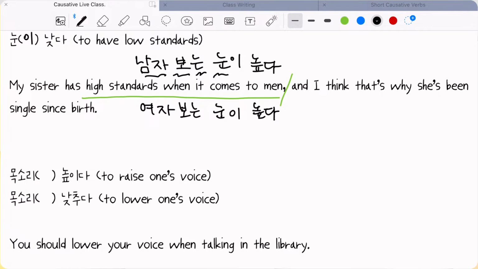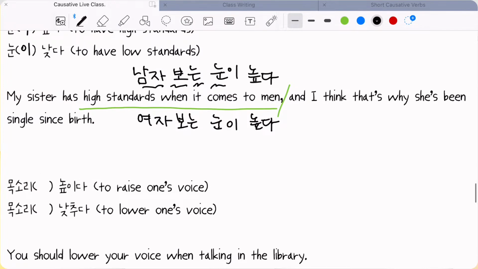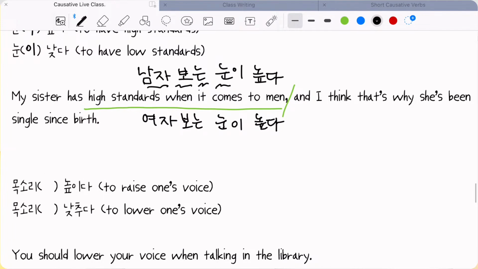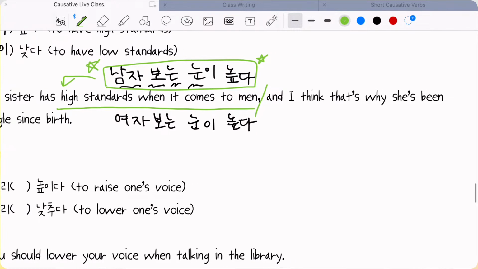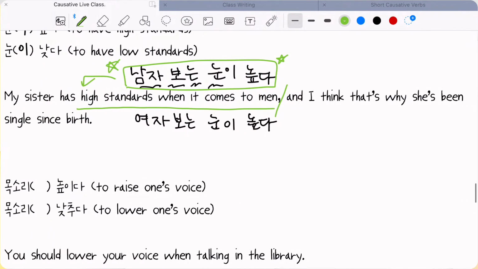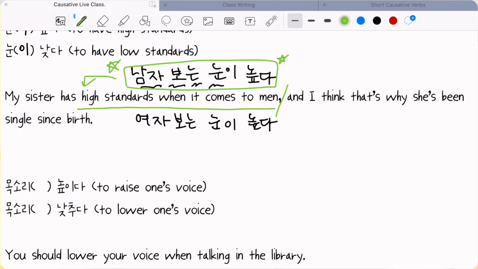높다. When picking your spouse or your girlfriend, boyfriend. 그런 뜻이 있어요. So I would like you guys to use this idiom, this verb, this expression in the first part, and then say, and I think that's why she has been single since birth. So to be single since birth, there's a funny slang that describes just this.